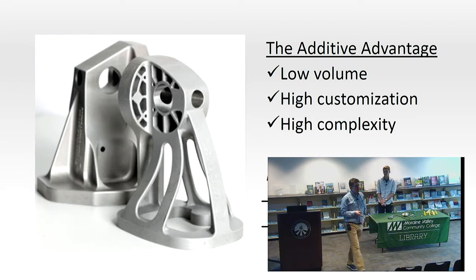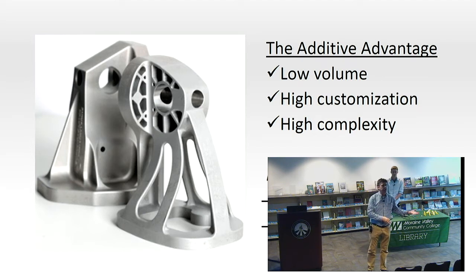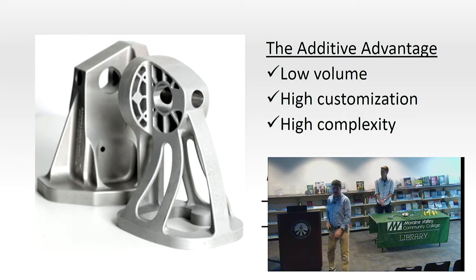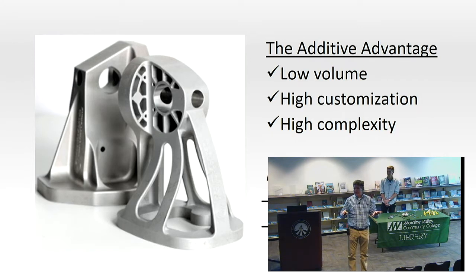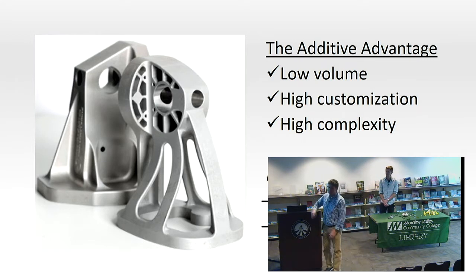A couple of things that we have to watch out for. Additive manufacturing actually has significant production time. Okay? So this part may be great to print, but it may take 10 to 12 hours to print. Okay? So that's one thing. Not necessarily too slow. Machining it would also take a lot of time. But we got to remember that.